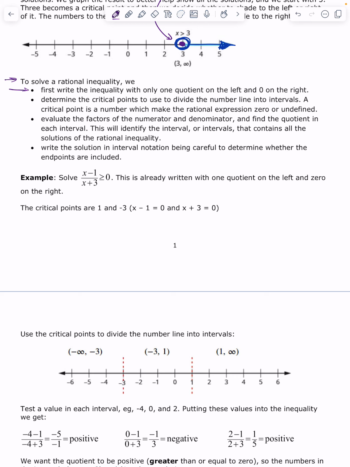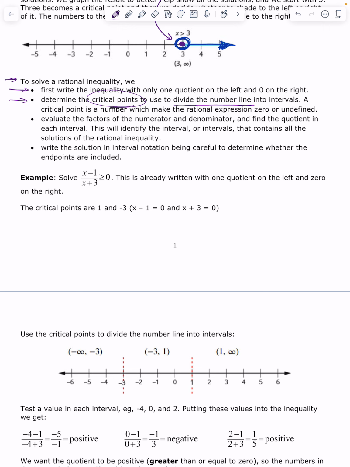You cannot multiply both sides by the denominator when you have 0 on one side, because that eliminates anything that the denominator has to offer. Okay. We are going to determine where critical points are, and we're going to talk about those here in just a minute. We're going to use the critical points to divide the number line into intervals.